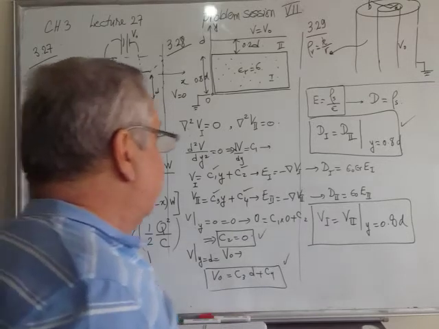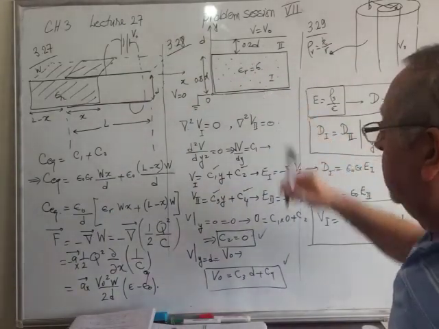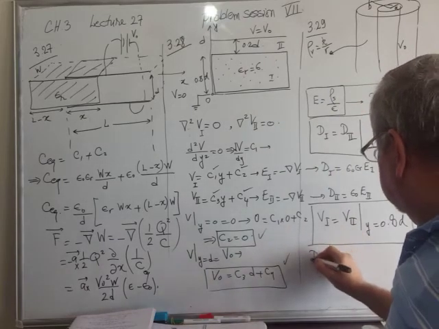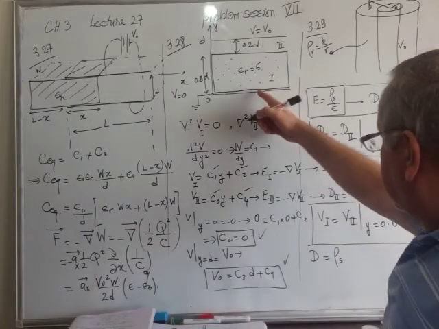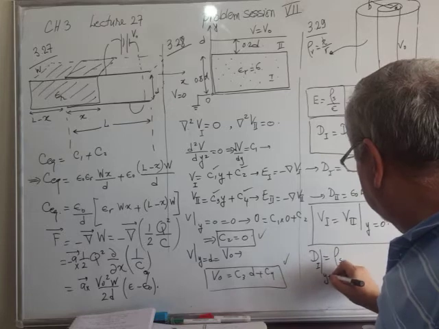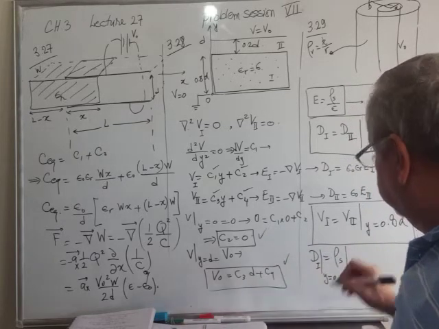Finally, you have to find the rho s. What is rho s at the upper and at the lower plate? That is the condition D equal rho s. Now you apply this in medium 1, at y equals 0, that gives you rho s at y equals 0.